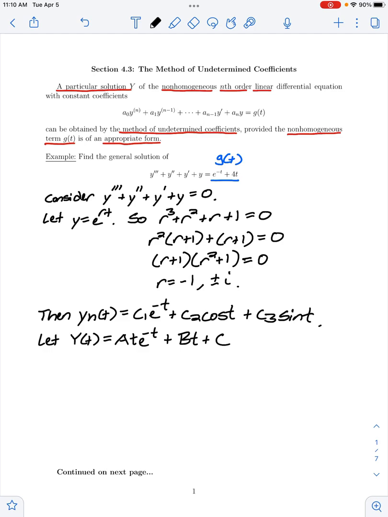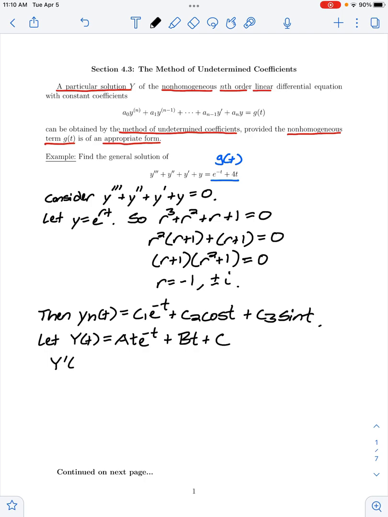And to solve for a, b, and c, we need to substitute into our non-homogeneous equation. And since this is third order, we're going to need to find our first three derivatives of this particular solution. So let's look at it.